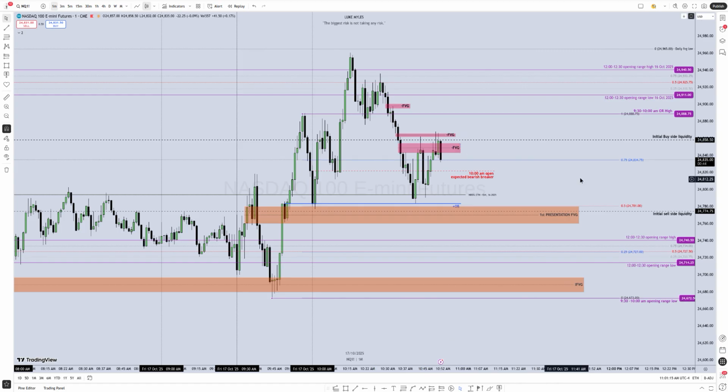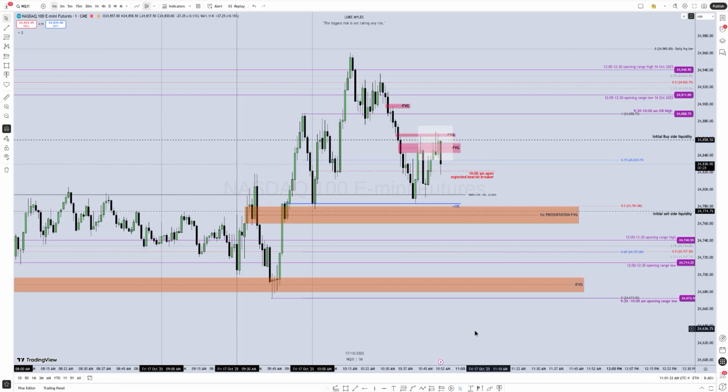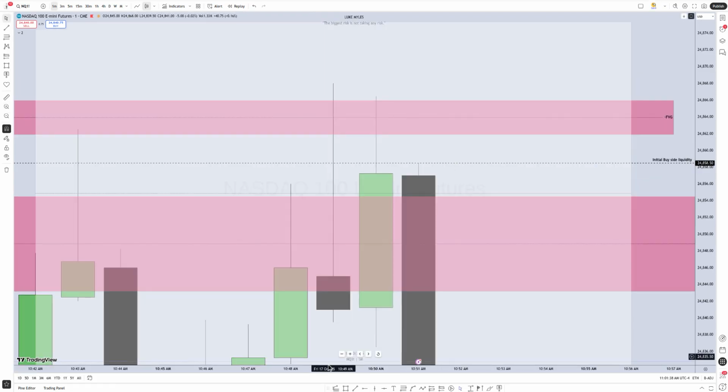Closed above that, expecting this to be reclaimed. Okay, now I want you to note how the market has been trading into, I'm going to zoom for you into the initial buy side right there.